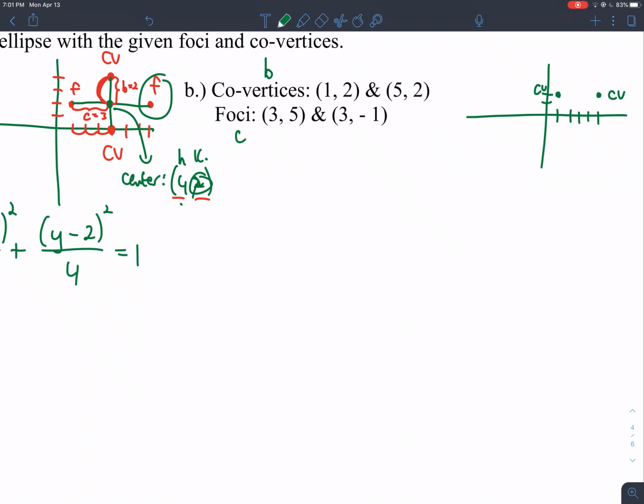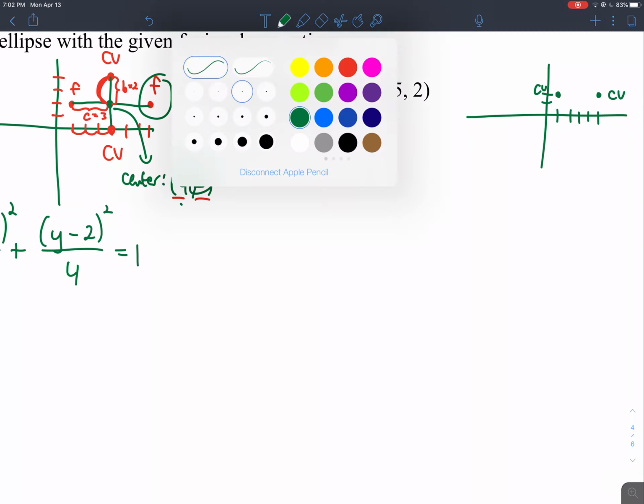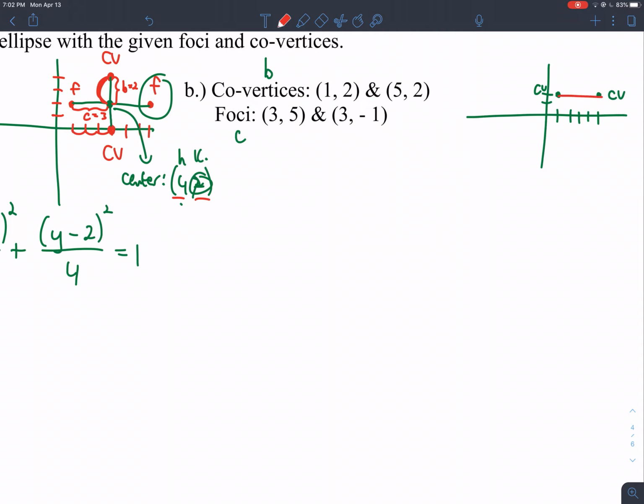At this point, I already know which formula I'm using, okay? Because the covertices are horizontal, that means the vertices must be on a vertical major axis. So again, this is a bit of review. This should be called the minor axis, and the major axis is perpendicular to that. So I know the major axis is somewhere there. All right. Now let me do the foci.